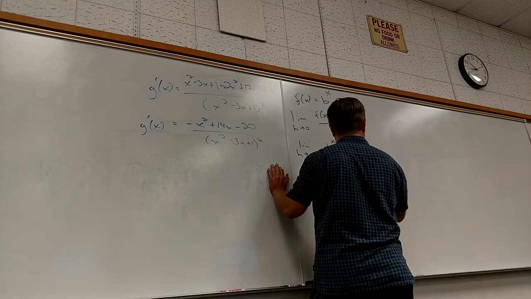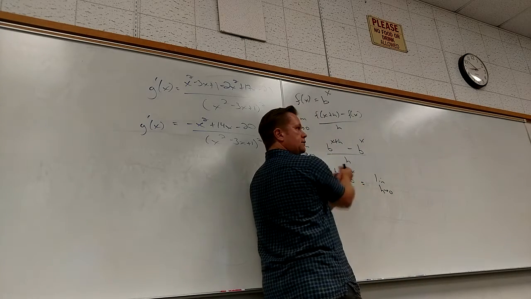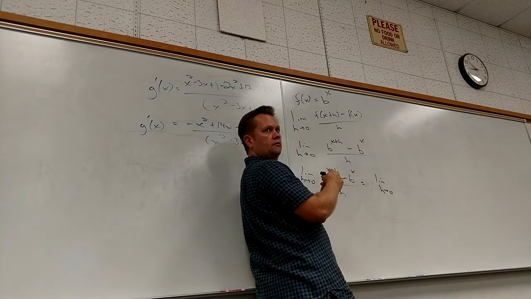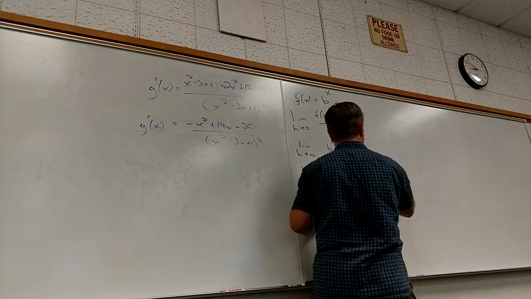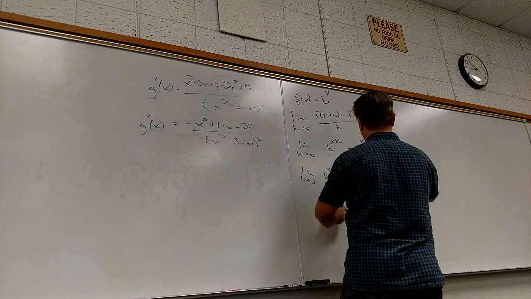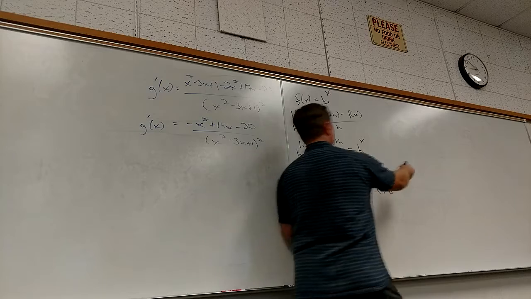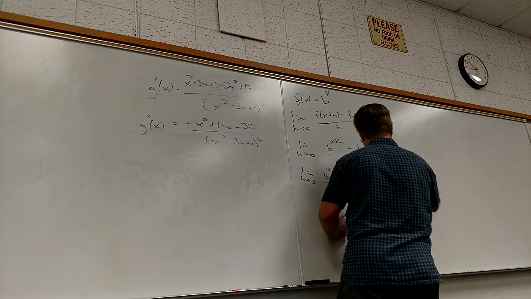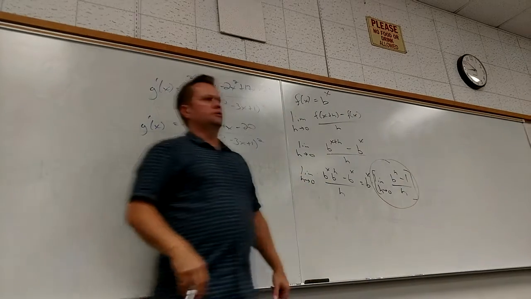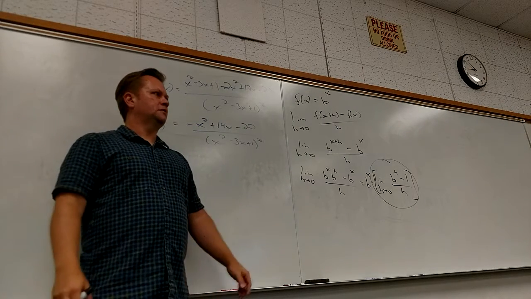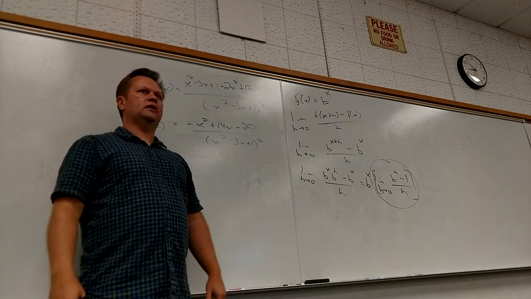Something interesting is that factor b to the x doesn't care about h. So I can write it out here. B to the x times the limit as h goes to 0 of b to the h minus 1 over h. So this is everything, right? Whatever that limit is, I then would know the answer.